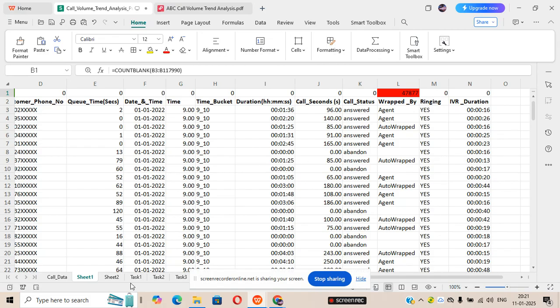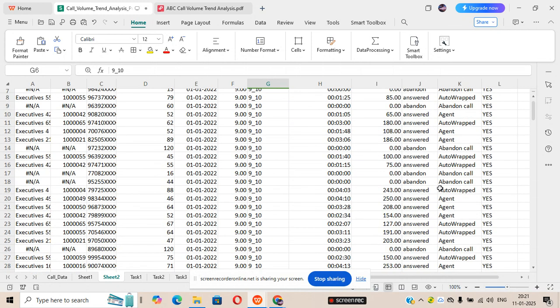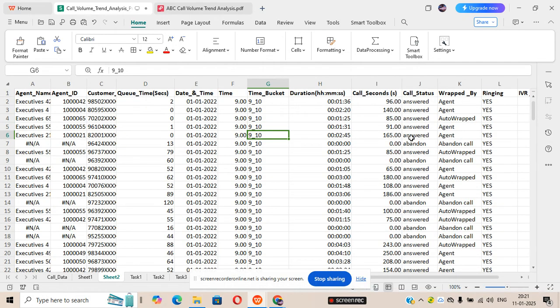So I have replaced the null cells with the name abandoned for the abandoned calls. And for the answer status, the agent was the one negative, so I have replaced the null value for answer status as an agent also. This way I have replaced the null values.